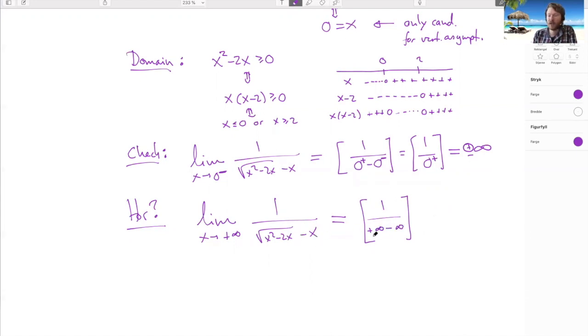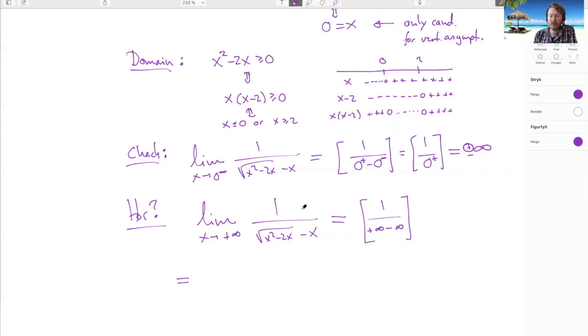And here we just don't know, because these infinities can cancel and give us a 2 or a 3, or they can cancel even more and give us a 0, so that this becomes a 1 over 0 expression. Or it can be that this infinity here is much stronger than the other, so this is still a 1 over infinity giving me a 0. So we don't know. What do we do when we don't know?